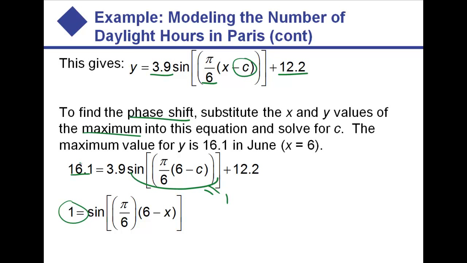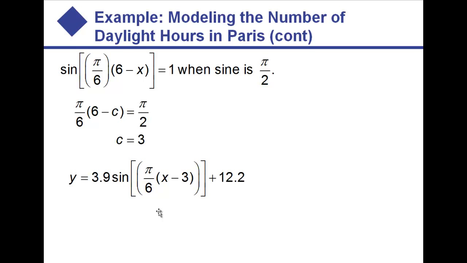So now you have the sine function is equal to 1. And we know that for a normal sine function, it reaches that first maximum at pi over 2. So if we plug pi over 2 into sine, it equals 1, which tells us all of this has to equal pi over 2 because sine of pi over 2 equals 1.